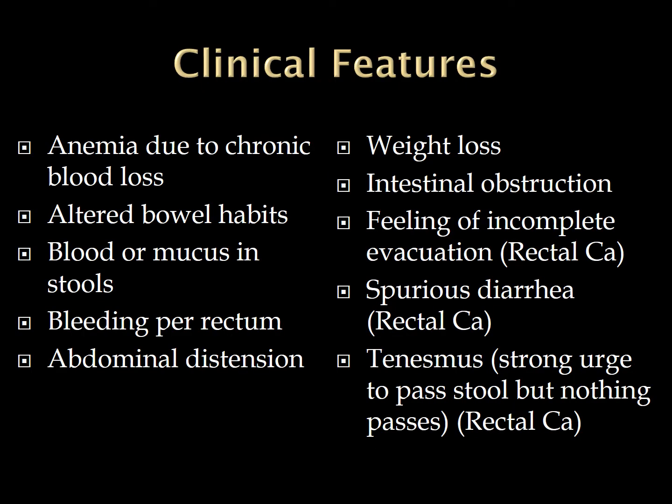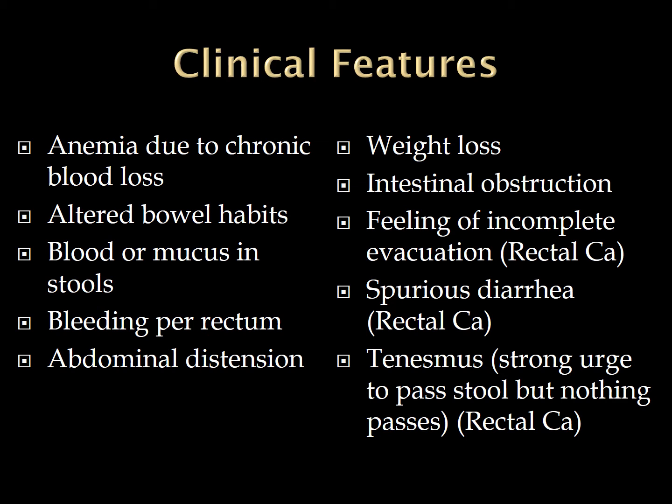The common clinical features of colorectal malignancy: usually these patients have slow blood loss, which leads to anemia. These patients present with altered bowel habits, meaning thereby every person has a specific bowel habit. Some people pass the stools once a day.